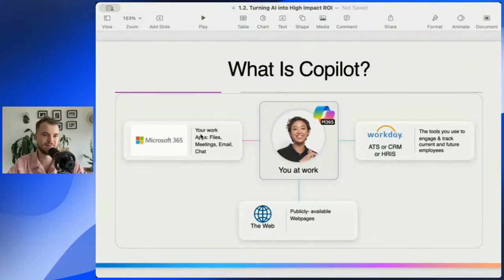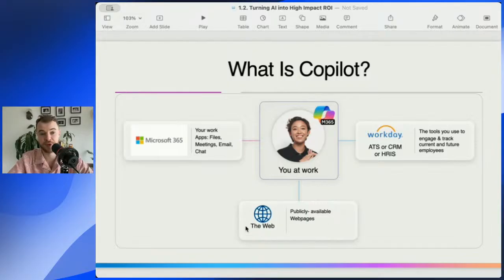It can use what it's found on the web to write those mails, maybe cross-reference that with Workday to understand who's in your ATS from that group in your email and who isn't, and go back to the web and source new people using the process I mentioned before on LinkedIn. So you can see that these three spaces really can be connected by Copilot.